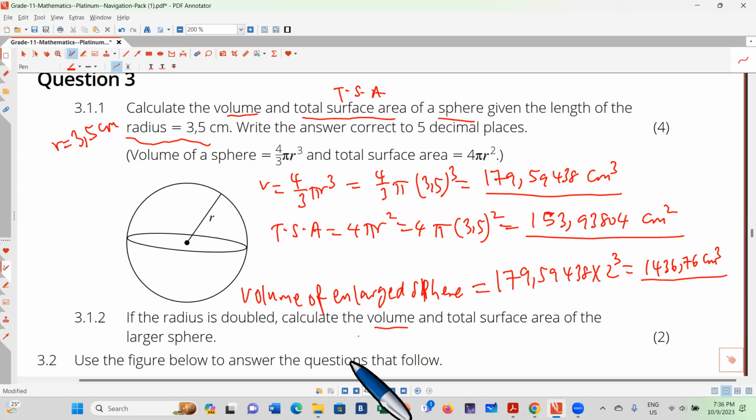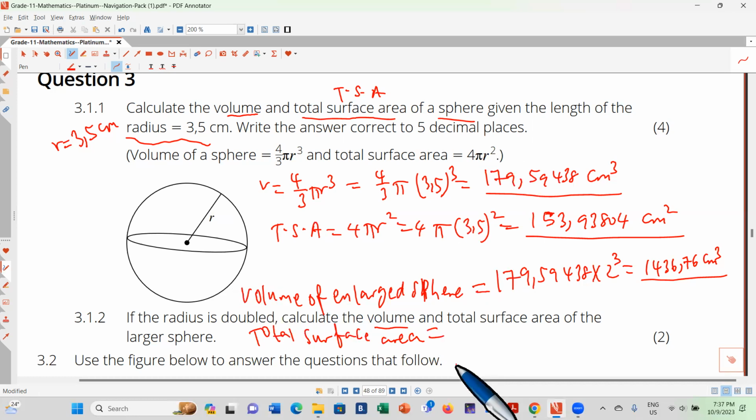So now the total surface area. We continue. The total surface area is 4 pi r squared.